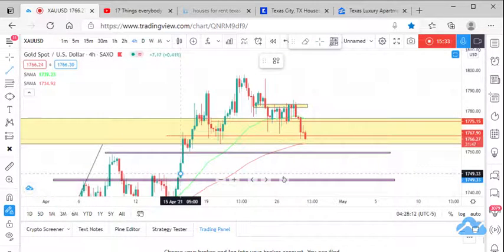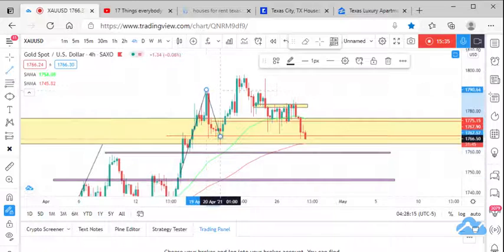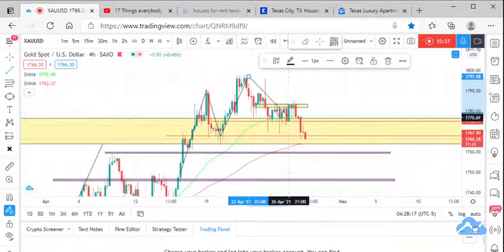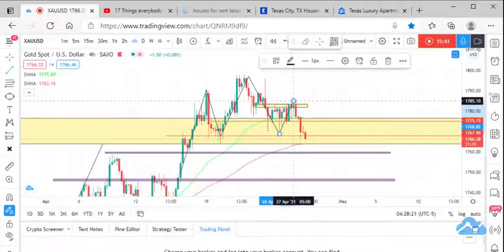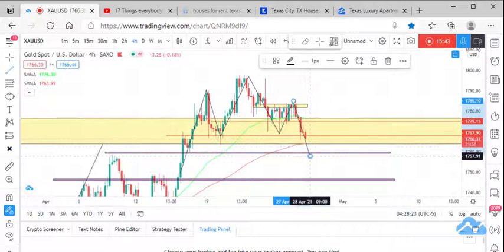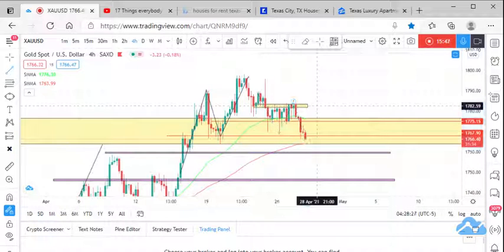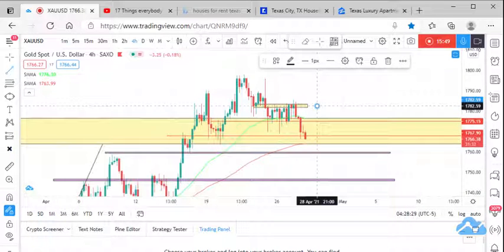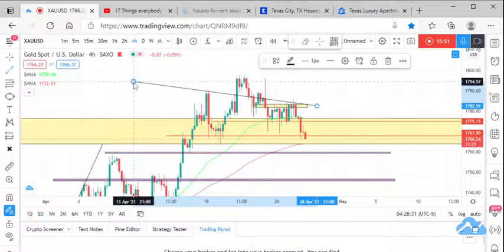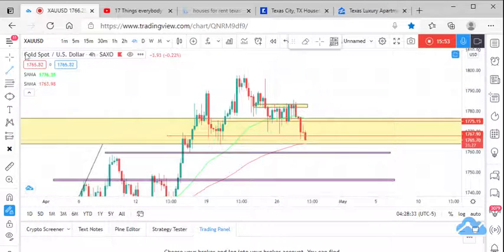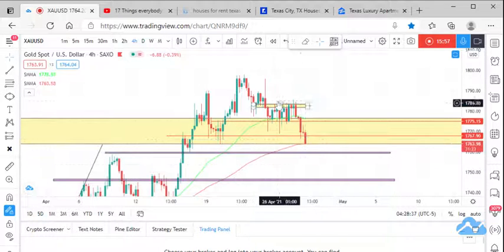Well, when price came into that zone, it created, I guess you could say, a head and shoulders pattern. And then as you see, it's selling off real aggressively right now. Bam. You see that? It's just dropping, man.